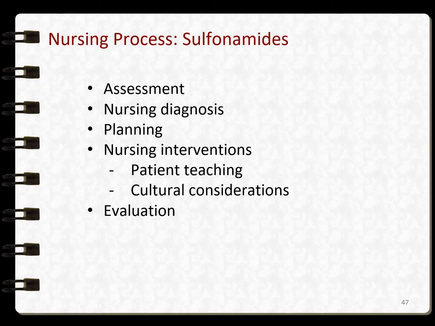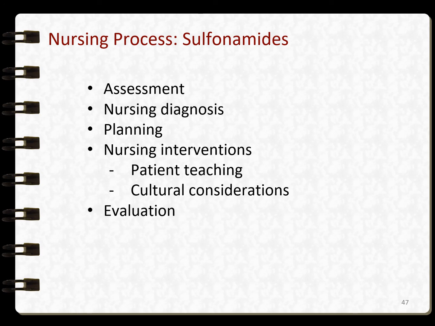So what about our nursing process? We want to assess patient's renal function. We want to look at a medical history with the patient. And it is contraindicated in patients. TMP-SMZ is contraindicated for patients with severe renal or liver disease. We need to make sure the patient doesn't have a hypersensitivity to the sulfonamide.